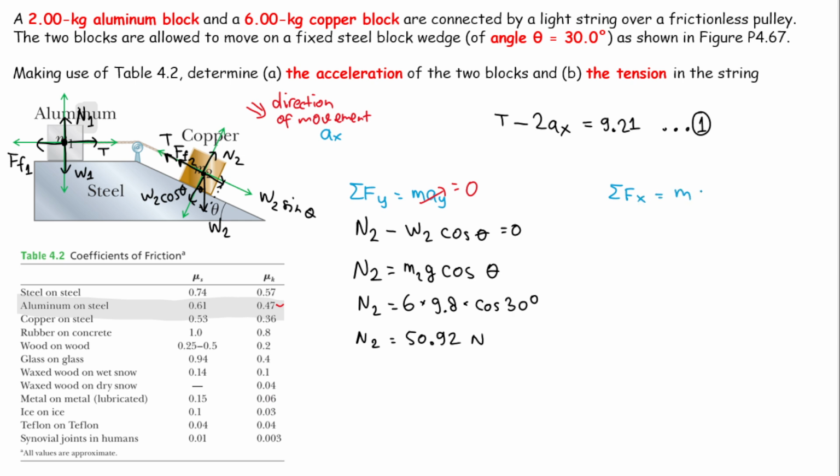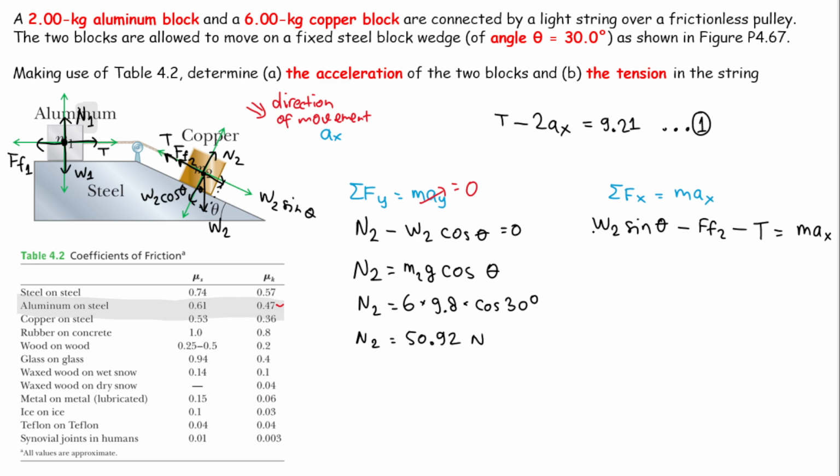So I'll have the mass times acceleration on the x direction. On the positive side, we will have this one, W2 sine of theta. And then we will have minus this one here, FF2. Okay. And then also the tension of the rope. So I'll have minus T, and that will equal the mass times acceleration in the x direction.